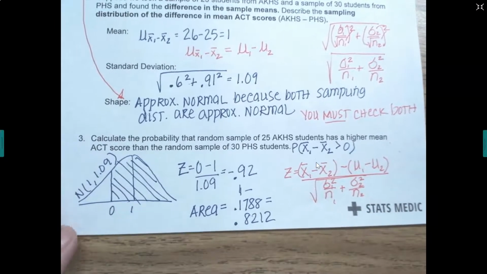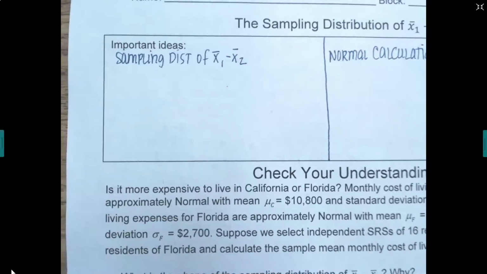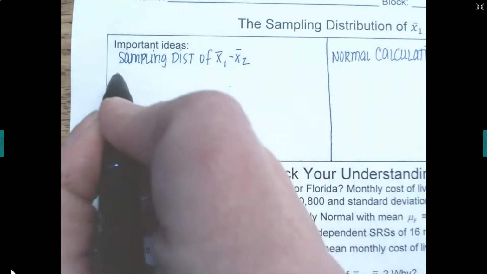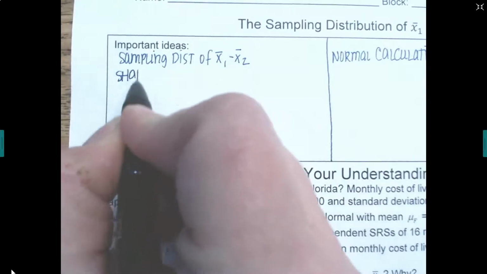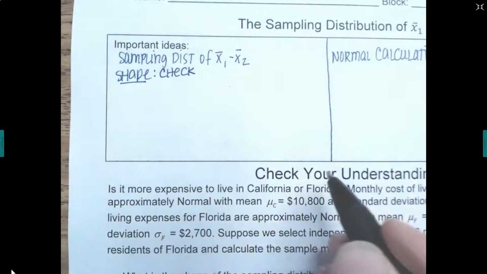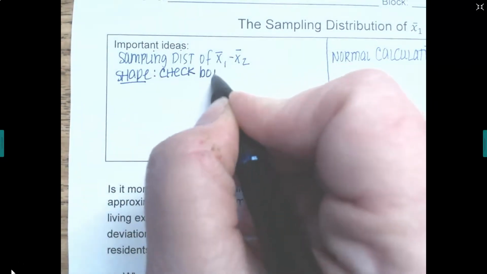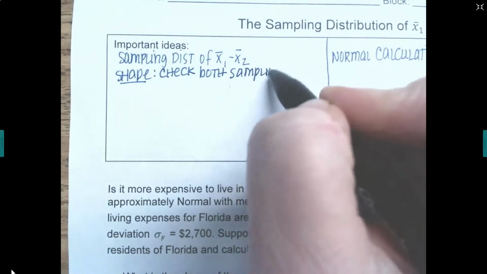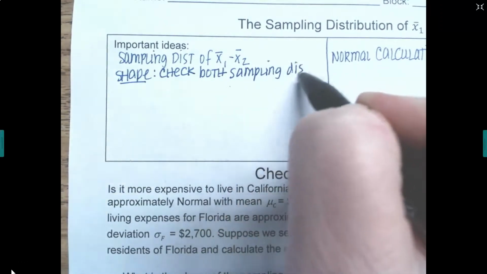Okay, so let's summarize this down so you have the really important information in one spot. All right, the first thing I want to summarize for you is the sampling distribution of the difference of the 2 means. To find the shape, really we need things to be approximately normal. So you need to check both samples, both distributions. Okay.